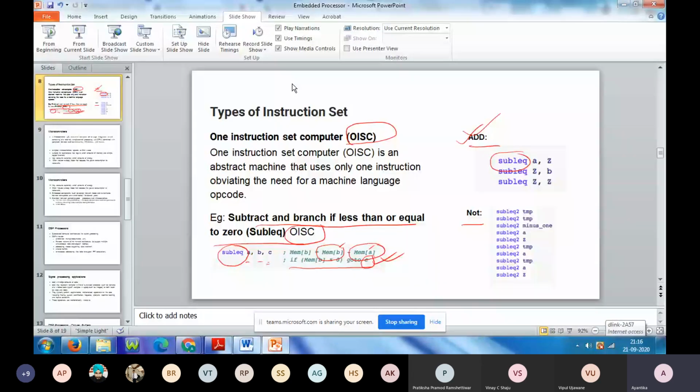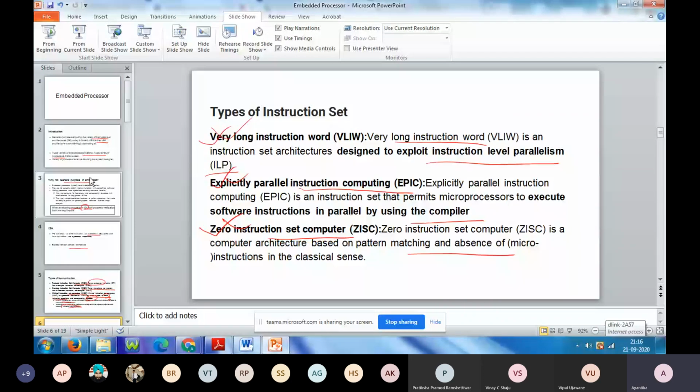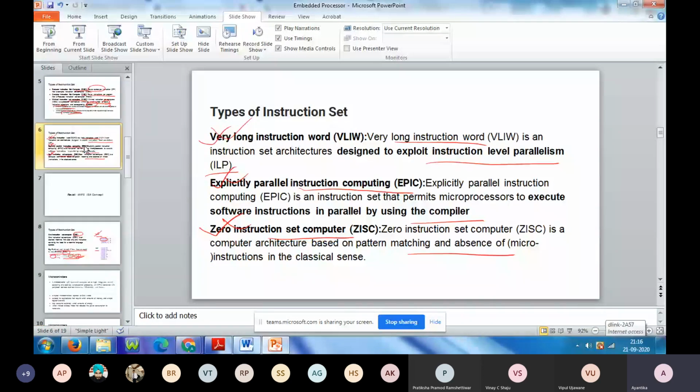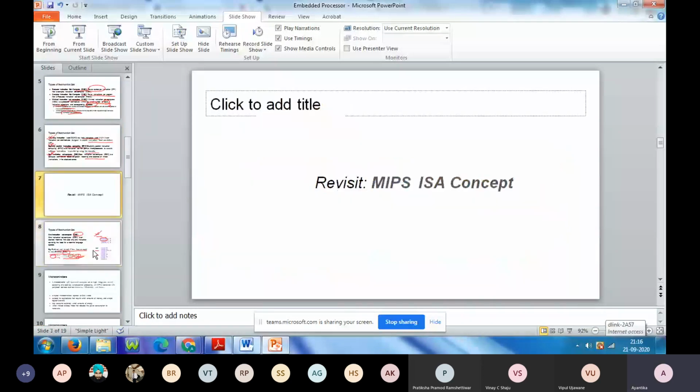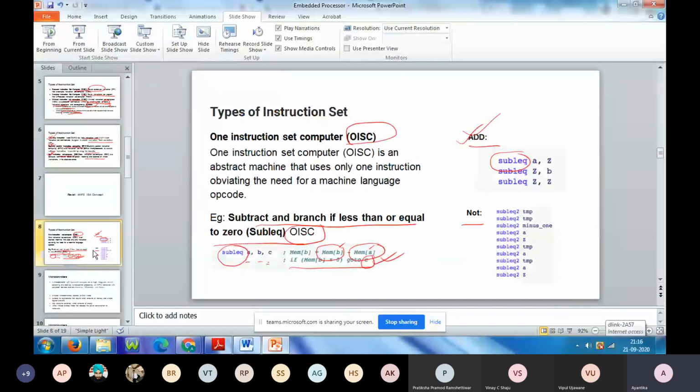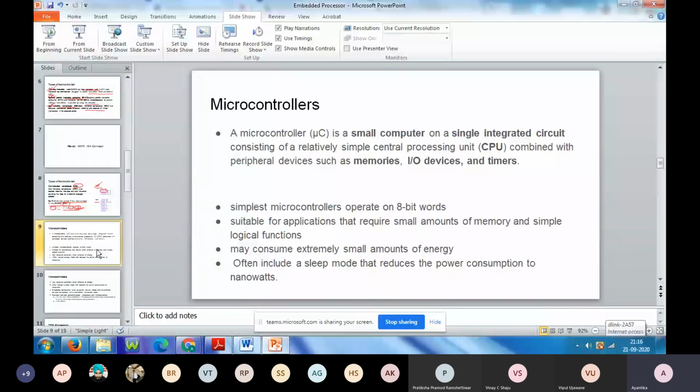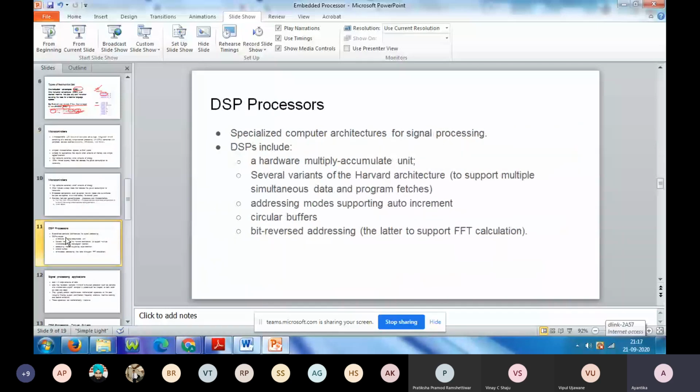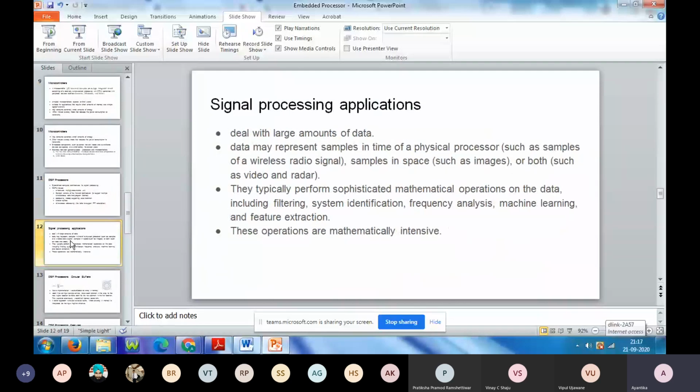So we are here. We have just discussed up to this part. Maybe tomorrow we will discuss some typical embedded system domain related processors. Those are microcontrollers. We will talk about the specific features of DSP processors and why they are suitable for signal processing.